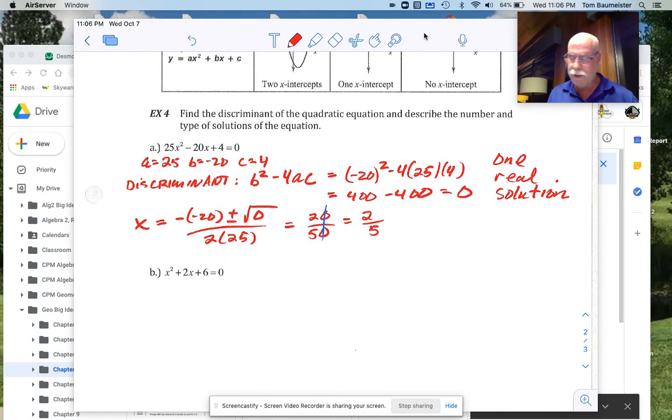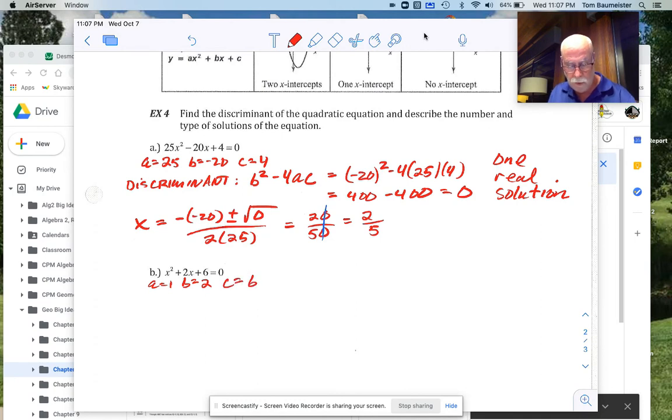All right. So let's do one more here. I just did two for them. So on this one here, a is equal to 1. b is equal to 2. c is equal to 6.